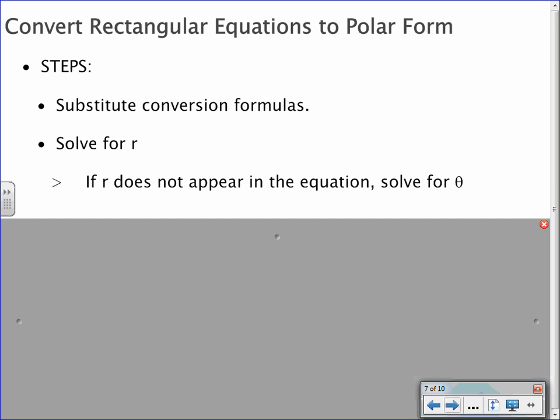I want you to look for your substitutions. If you see an x squared plus y squared, you know that is r squared. You know that x is r cosine theta. You know that y is r sine theta. You need to look for those substitutions and use them when necessary.